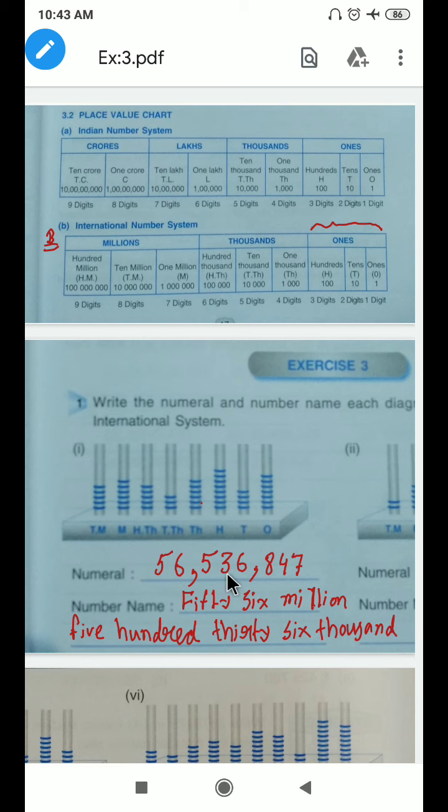Then after this 1000 place there is given 100, so here is given 800, then 47, so write here 847. So this is our answer.